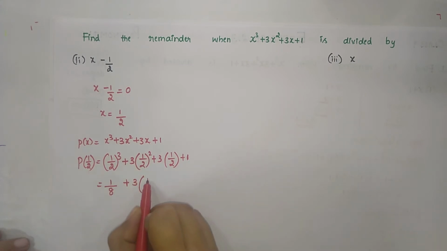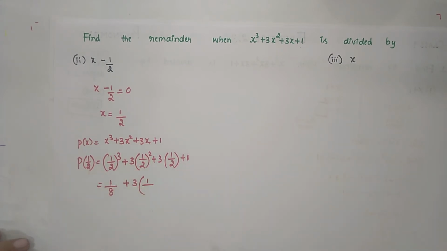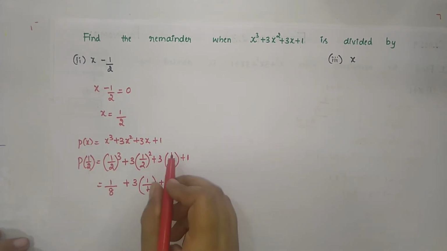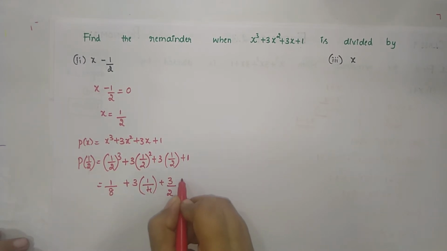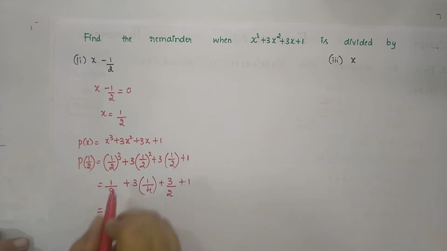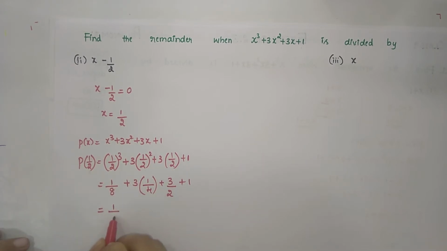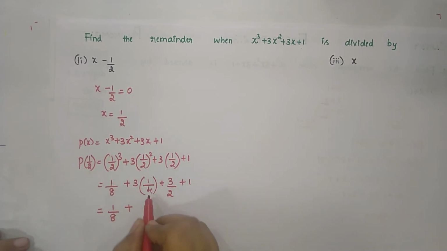So 1 square is 1 and 2 square is 2 multiplied 2 times, so 2 square is 4. Plus 3 into 1 by 2, so it is 3 divided by 2, plus 1, is equal to 1 by 8 plus 3 into 1 by 4 is 3 divided by 4, plus 3 by 2 plus 1.